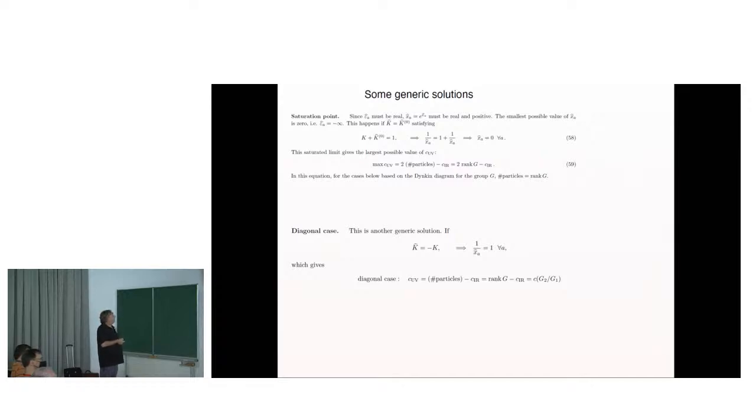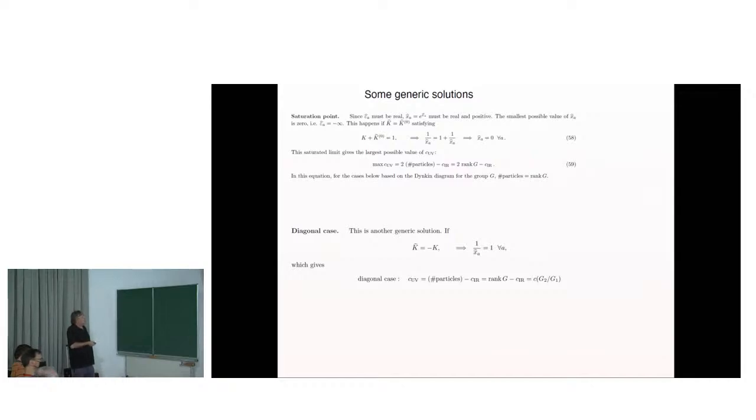Another generic solution I call diagonal, where instead of this being equal to 1, it's just equal to 0. So now K hat is just minus K. Remember, we know K. K is given by the left and right S matrices for the conformal field theory. So those are all determined, okay? We're trying to find K hats. If you just take this very simple choice, then all the X hats are 1 instead of 0.